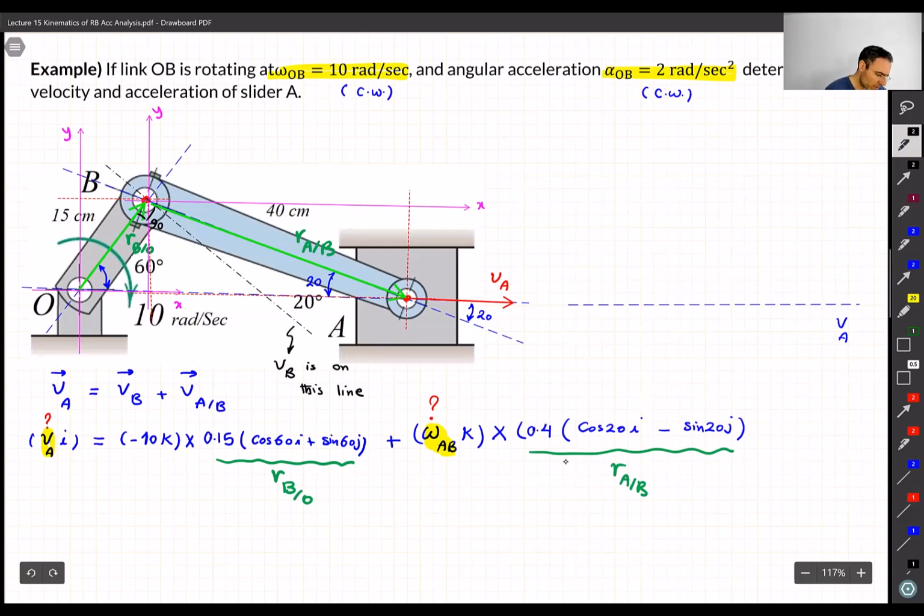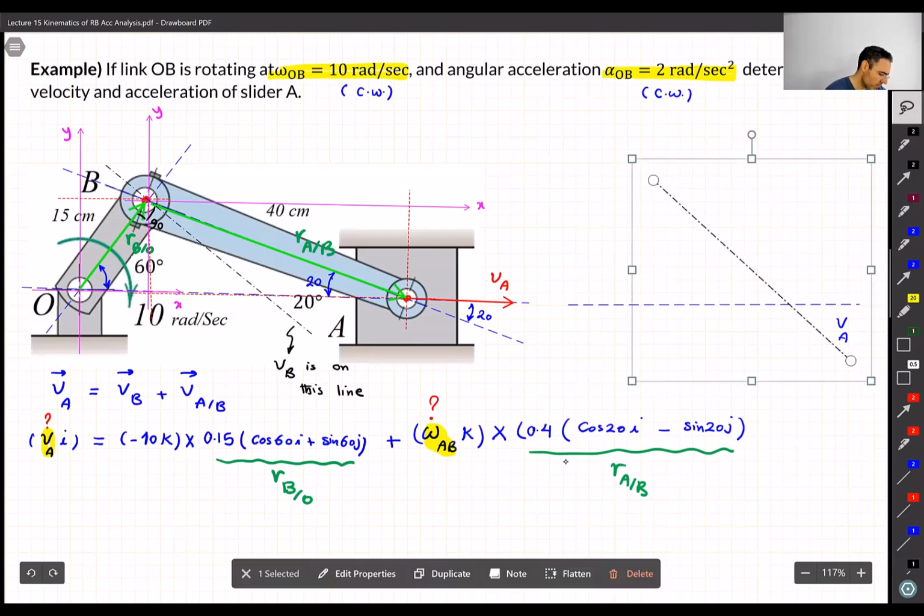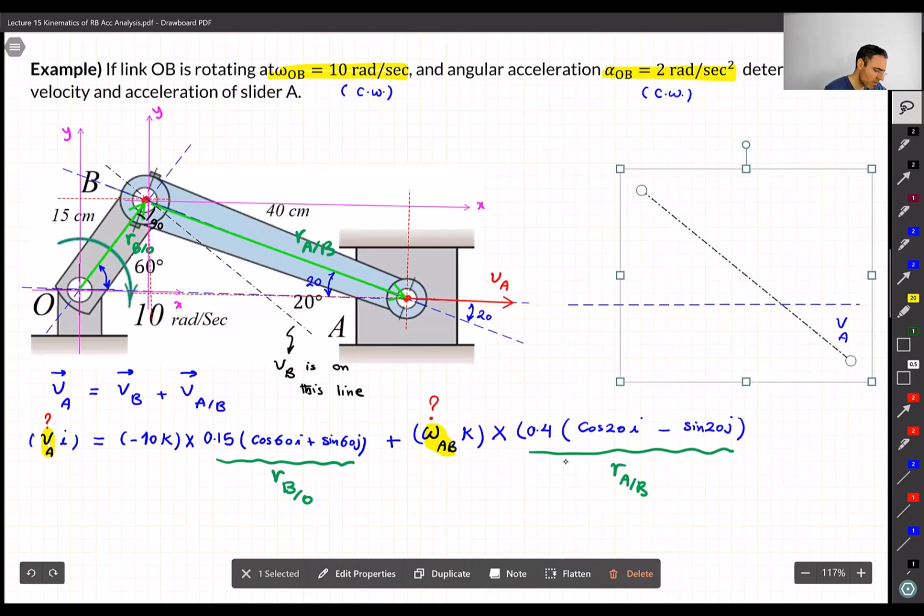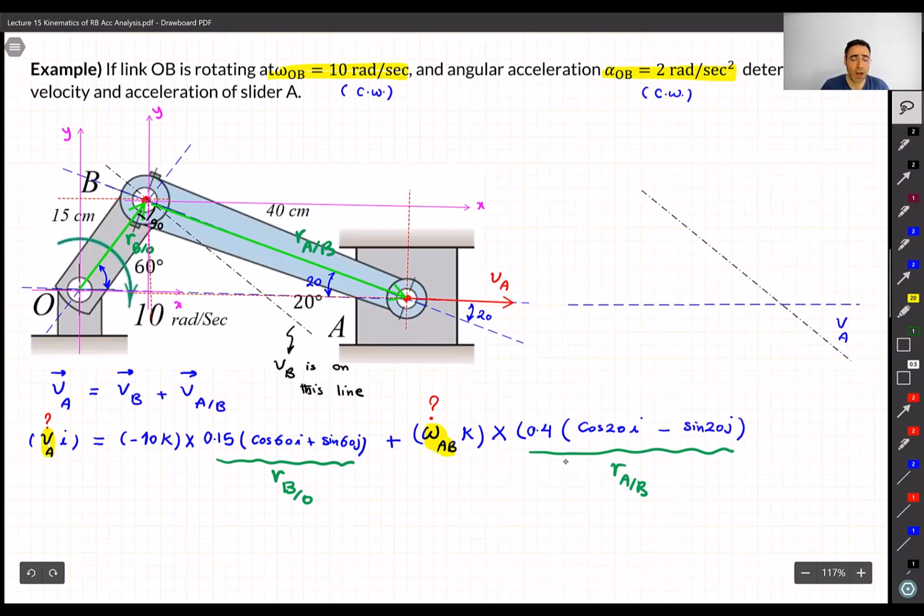So let me draw that line as well here. Maybe that line. You don't have to be exact unless we don't want to do any hand calculation and we just want to use our ruler, then we have to have tools to draw this angle correctly.